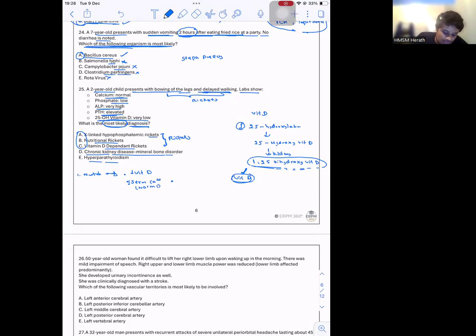Phosphate is low. Why? Because vitamin D increases phosphate absorption from the gut, so due to vitamin D deficiency there's reduced phosphate.